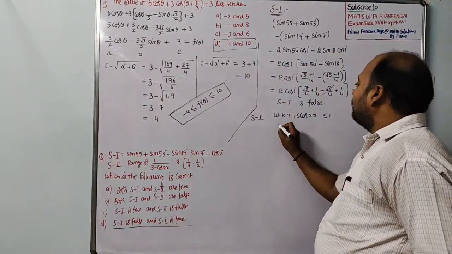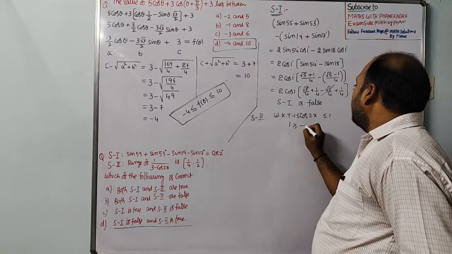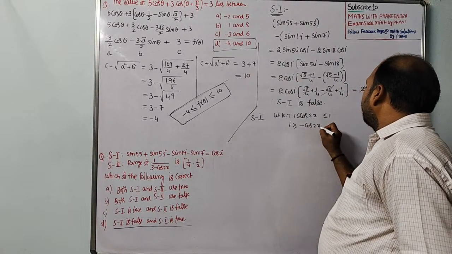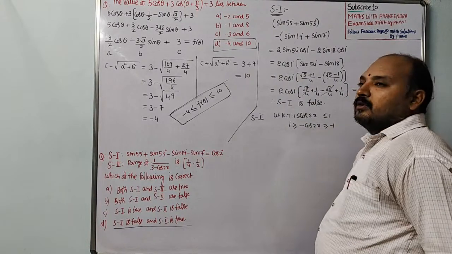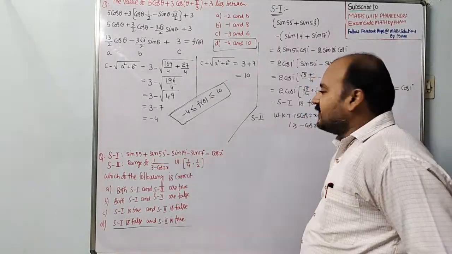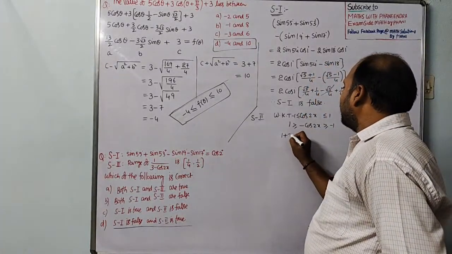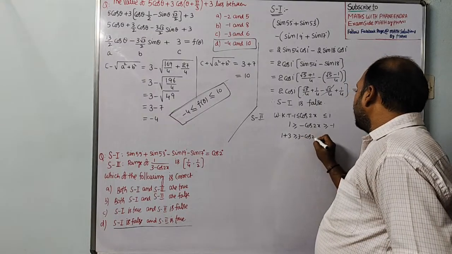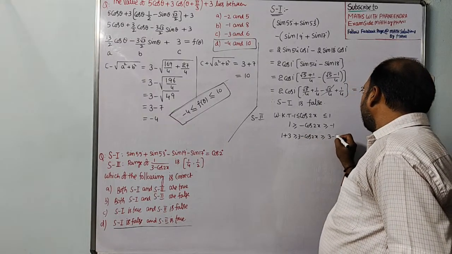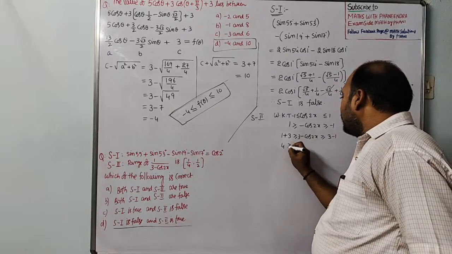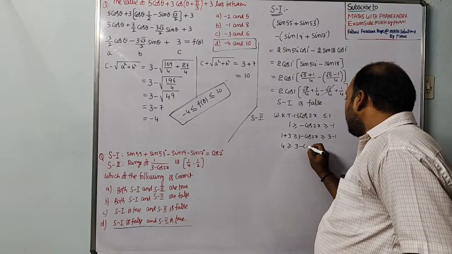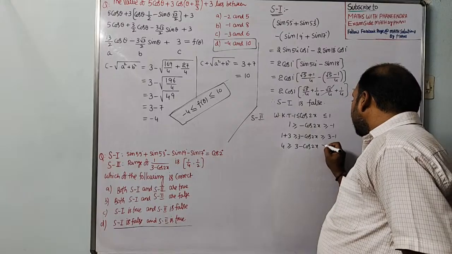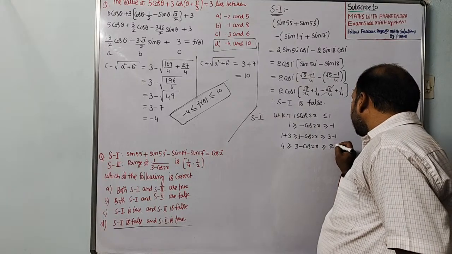So whenever you are multiplying by minus, the inequality will change. Next, plus 3 is there. So adding 3, 1 plus 3 is greater than or equal to 3 minus cos 2x is greater than or equal to 3 minus 1. So 4 is greater than or equal to 3 minus cos 2x is greater than or equal to 2.